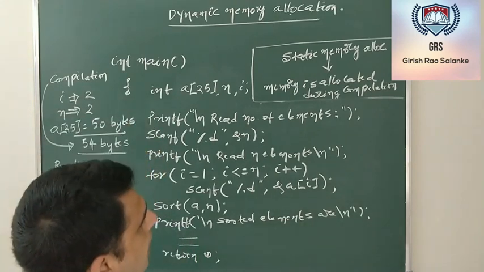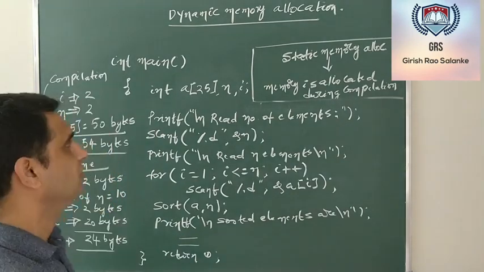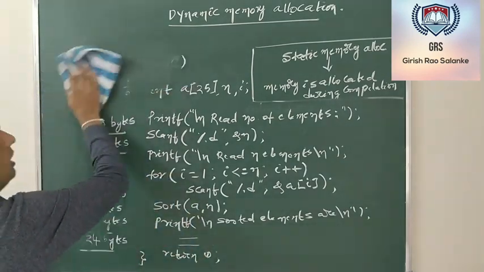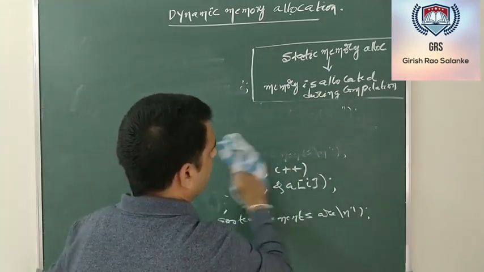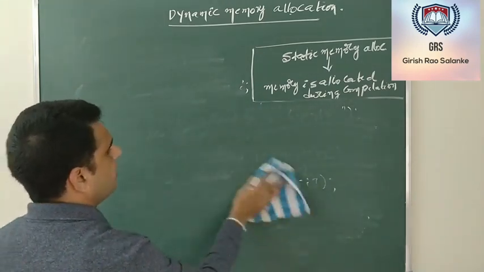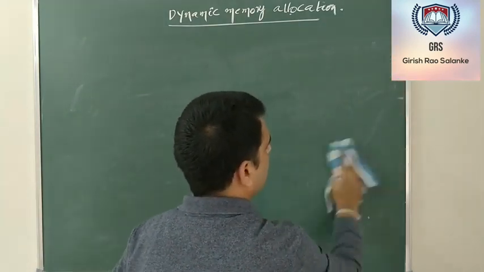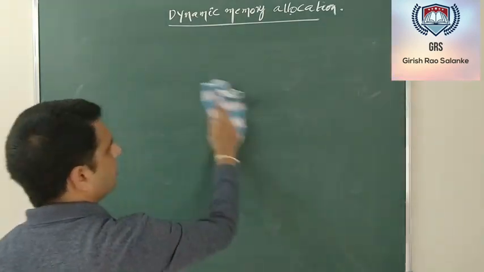So this is about dynamic memory allocation. Note that the definition for dynamic memory allocation is: if we allocate memory during the runtime, or the execution time, of the program, it is called dynamic memory allocation.